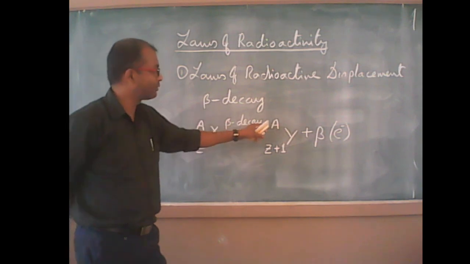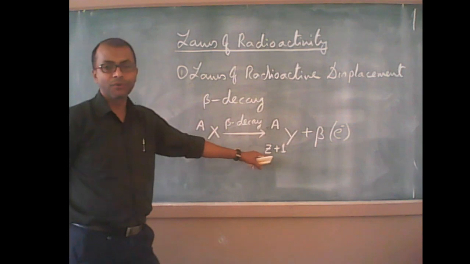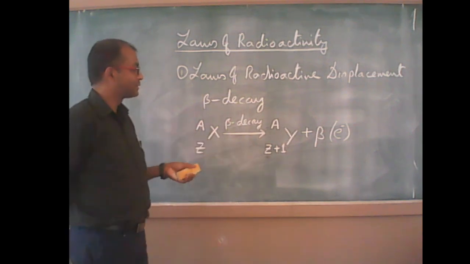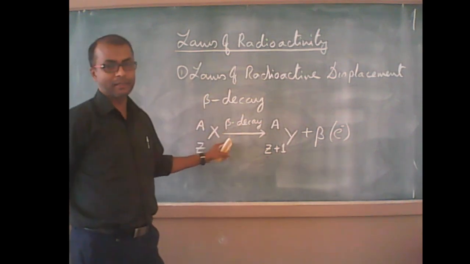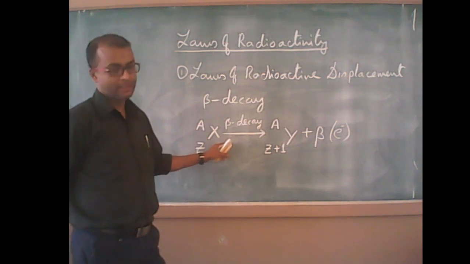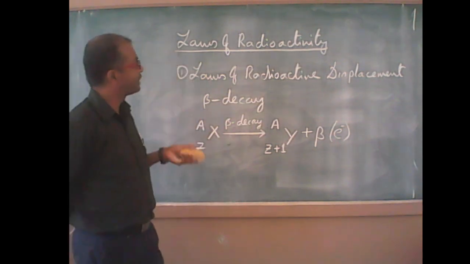So the sum total of the number of neutrons and protons remains the same, whereas the number of protons increases by 1. So when a nucleus undergoes beta decay, or emits a beta particle, the element in the periodic table displaces 1 place forward. This is what is called the law of radiative displacement.